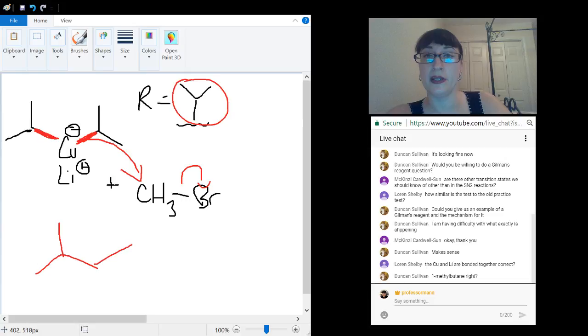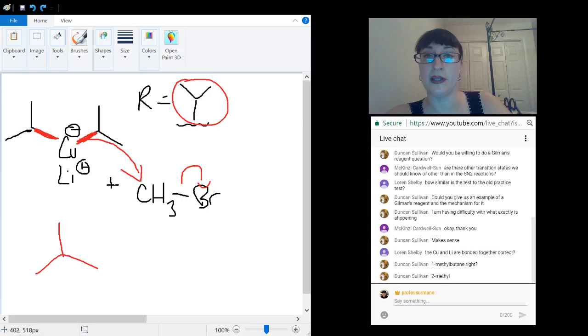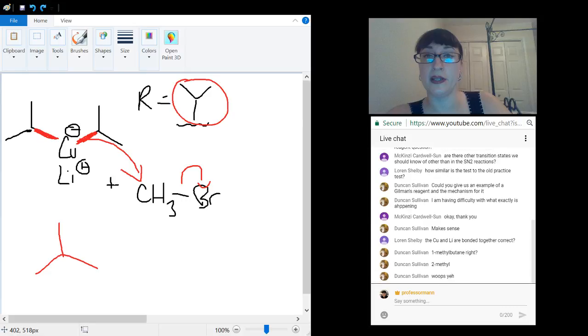So yeah, that'd be 2-methylbutane, right? Did I do something wrong, or did you do something wrong? Oh, I added an extra carbon, didn't I? Duncan, you were right. I added an extra carbon.